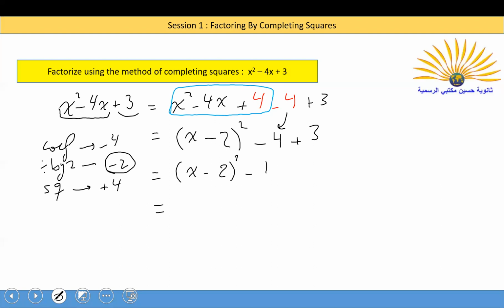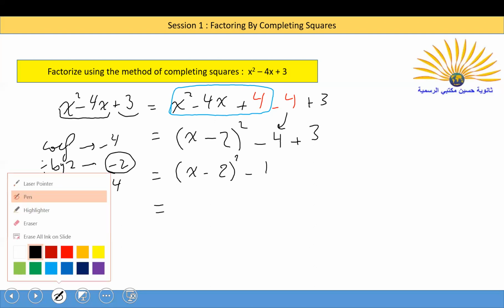Do you remember the method of difference of two squares? Do you know it from grade 8? If we have a squared minus b squared, it is (a minus b) into (a plus b).